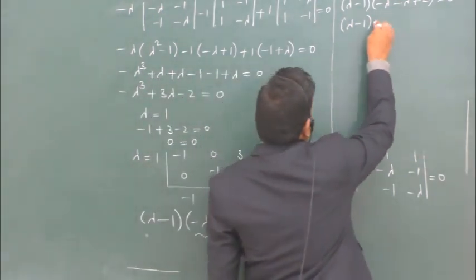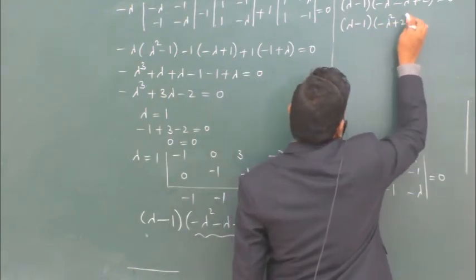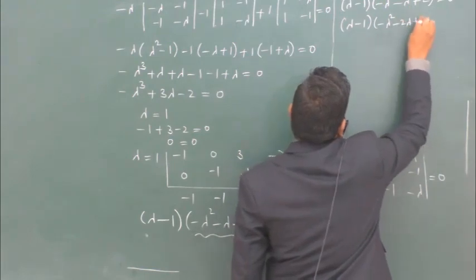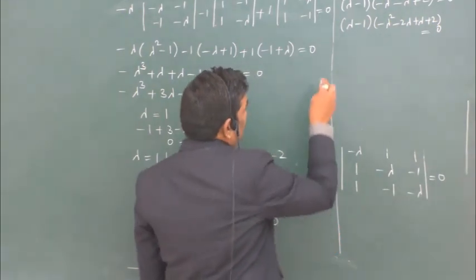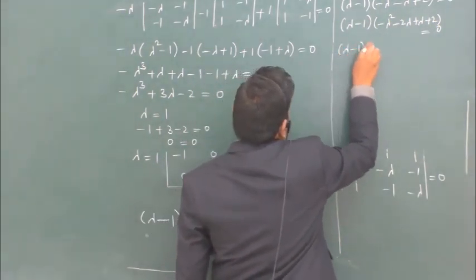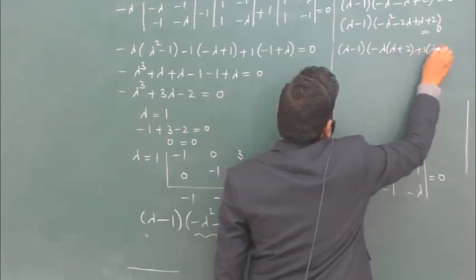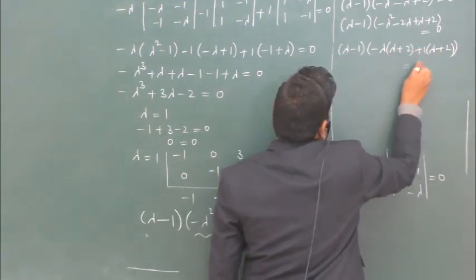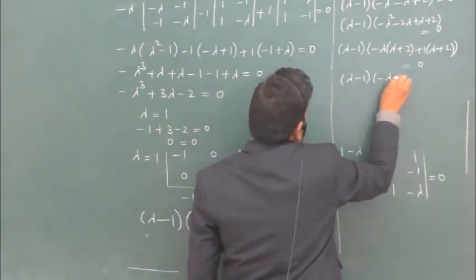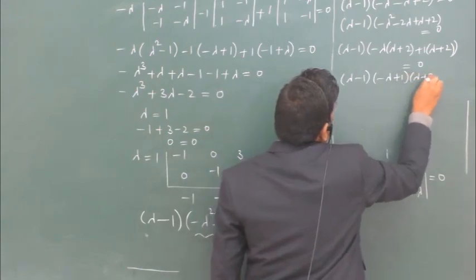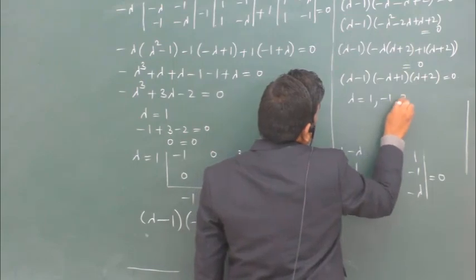So it will be minus lambda square plus 2 lambda minus lambda plus 2 equals 0. Then it will be lambda minus 1, take minus lambda common, lambda plus 2, take 1 common, lambda plus 2, equals 0. So the factors are lambda minus 1, minus lambda plus 1 and lambda plus 2 equals 0. Hence the roots are 1, minus 1 and 2.